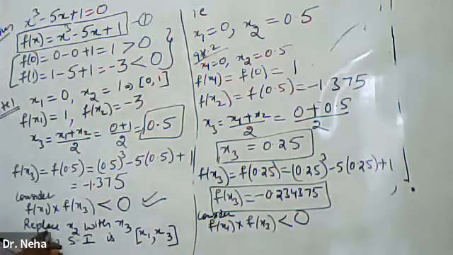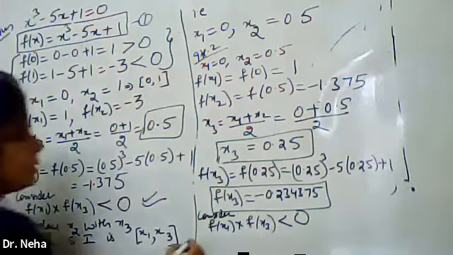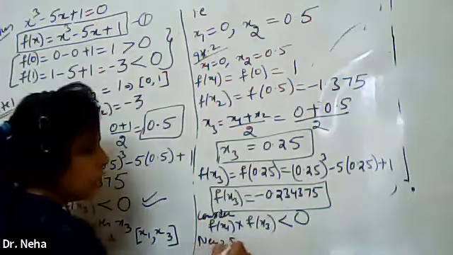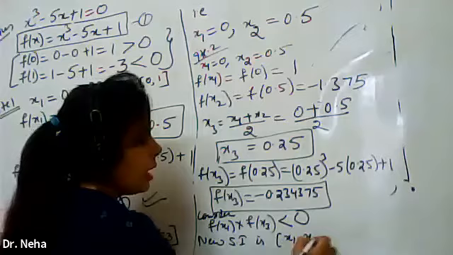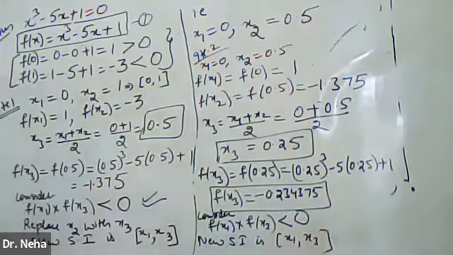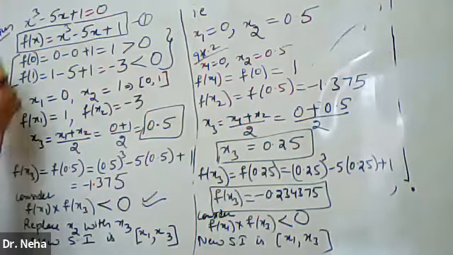This means what? Replace x2 with x3. That means the new search interval is x1 and x3. Clear? I am going to erase the left hand side. So this is about iteration number 2.